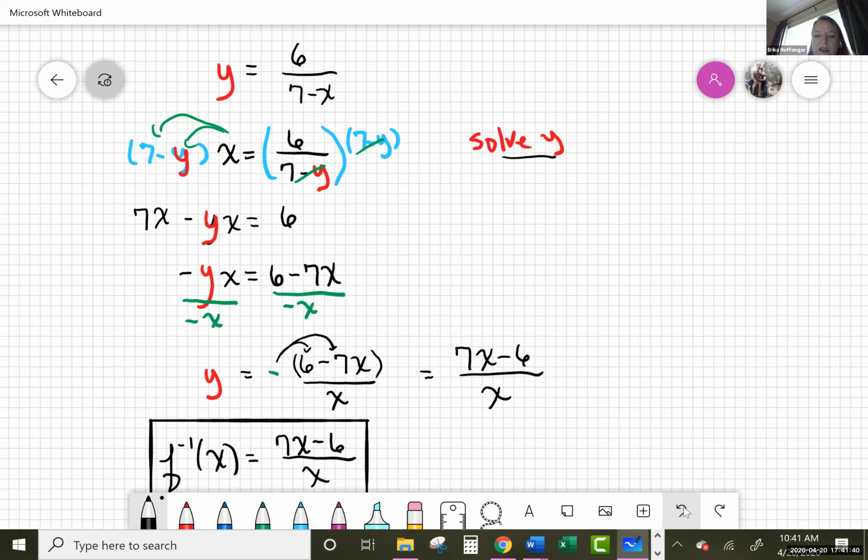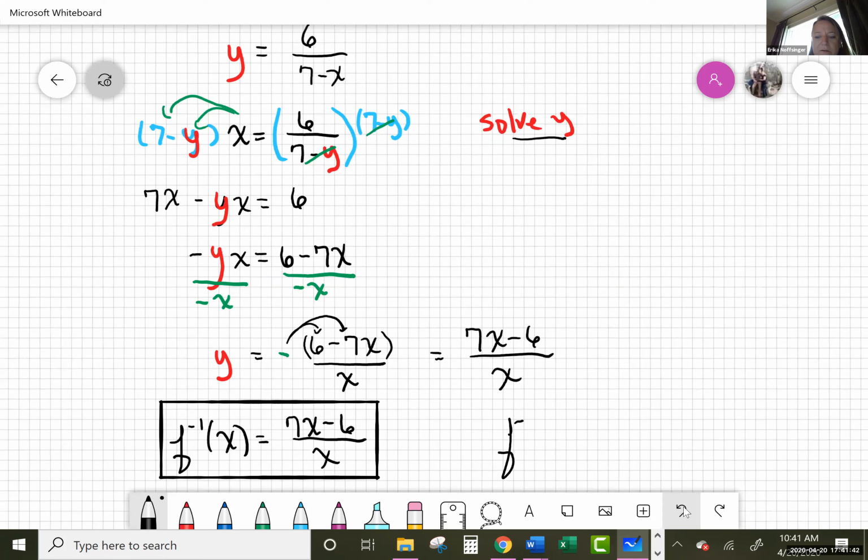Okay, and so our original function, let me just write it here, was equal to 6 all over 7 minus x.